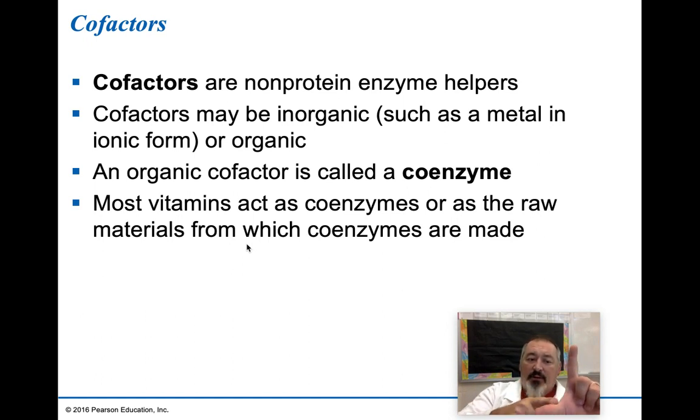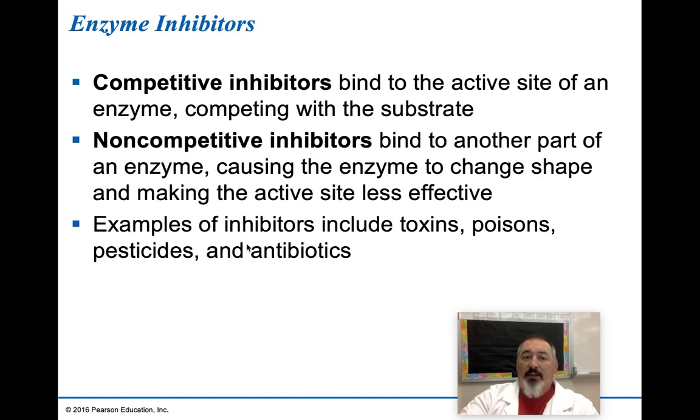If you're lacking that cofactor, you can't live life normally because that coenzyme is missing. Most vitamins work as coenzymes, and they're the thing that really helps the enzyme do its job.